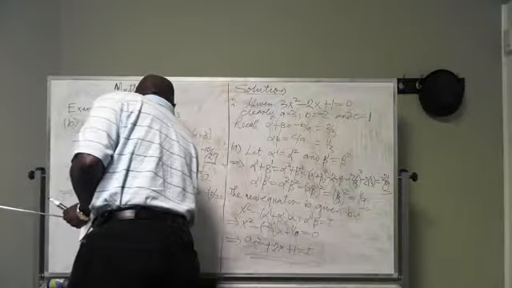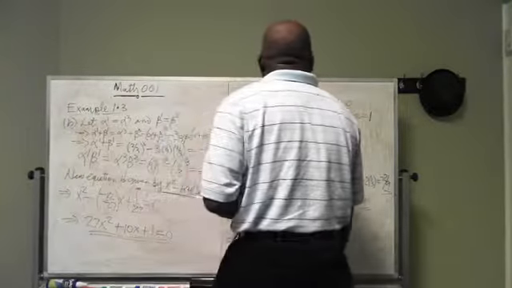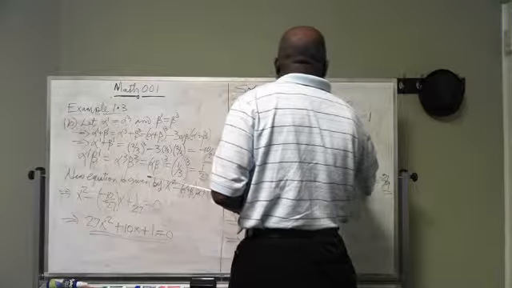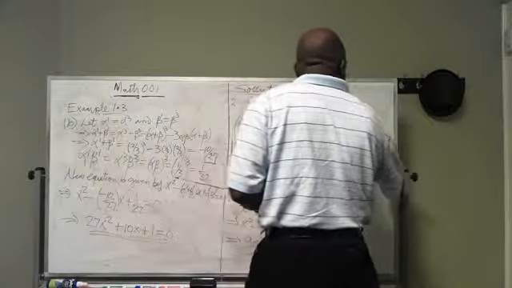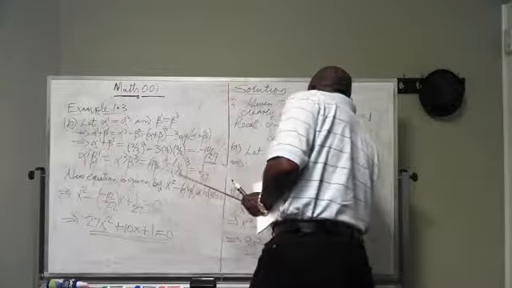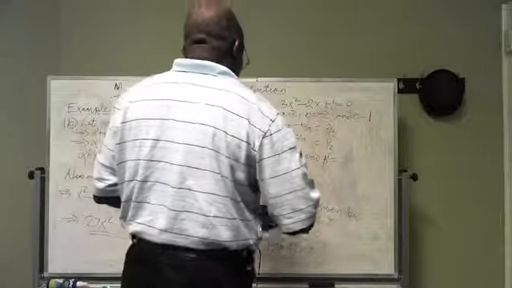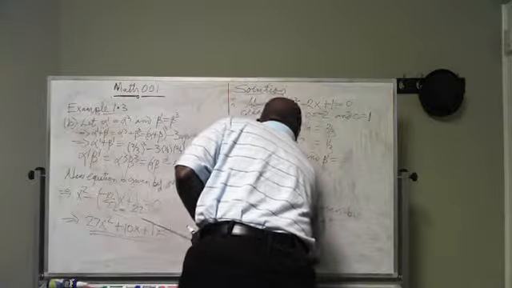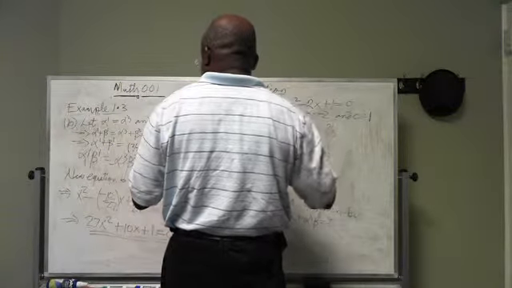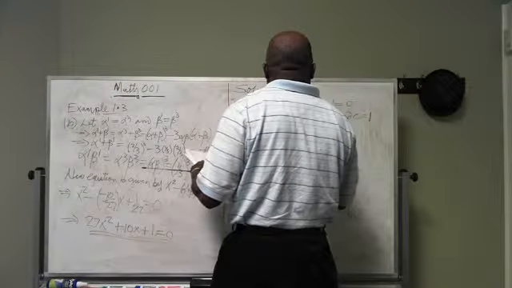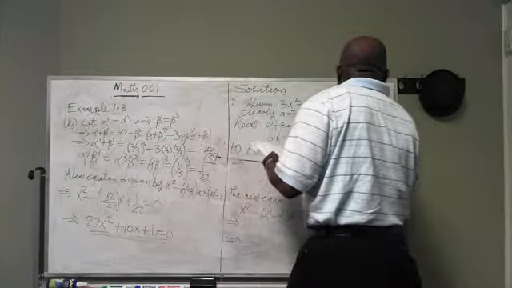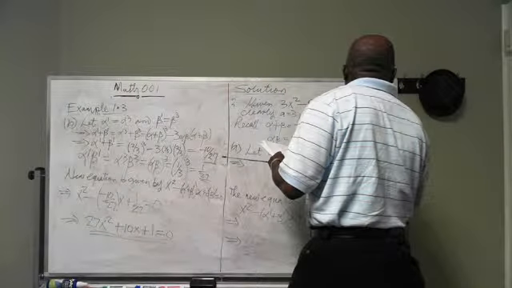Now let's do example 1c. Let alpha prime be equal to alpha plus beta all squared, and beta prime be equal to alpha minus beta all squared.